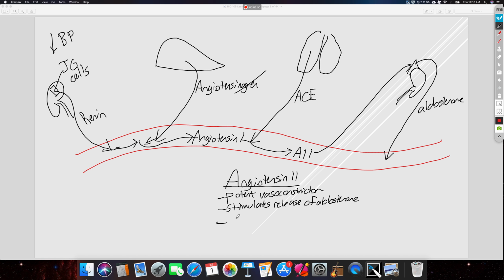It also stimulates the release of antidiuretic hormone, ADH, also known as vasopressin. Now, let's put aldosterone over here, and we'll talk about what aldosterone does.